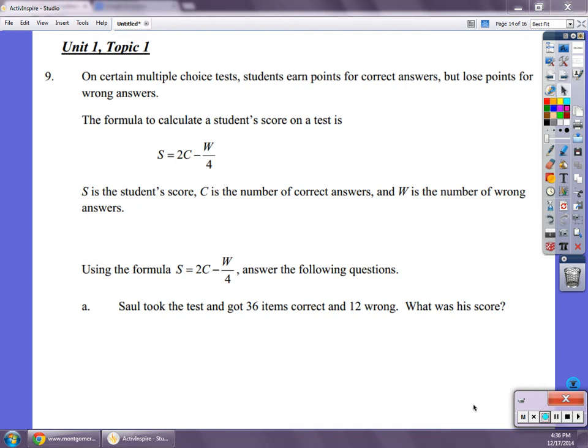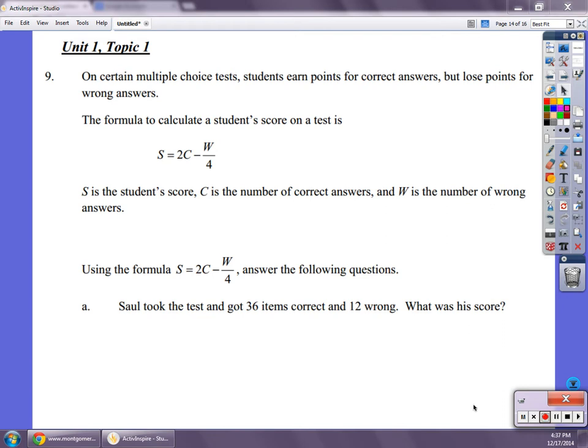Okay, number 9. On certain multiple choice tests, students can earn points for correct answers, but lose points for wrong answers. The formula to calculate a student's score on a test is S equals (2C minus W) over 4. S is the student's score, C is the number of correct answers, and W is the number of wrong answers.